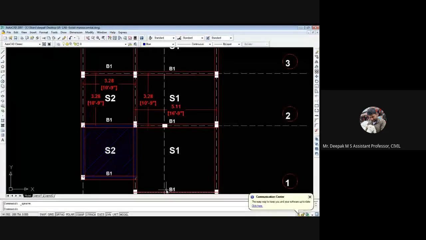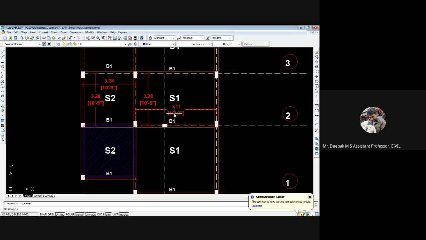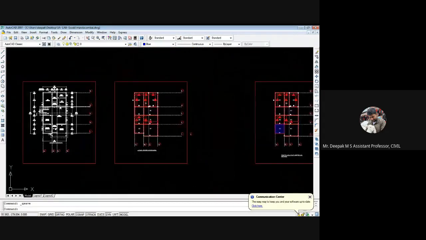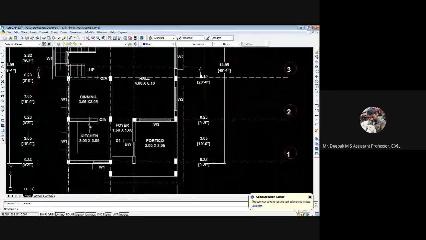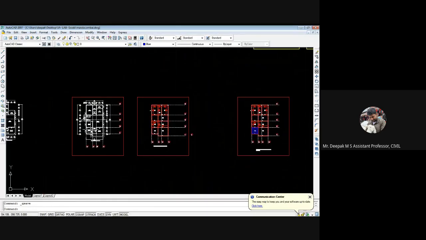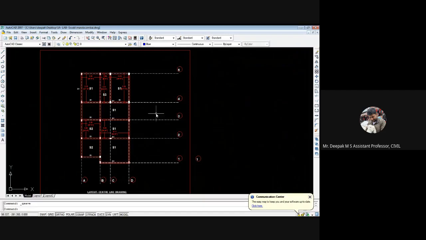We will consider the same plan as yesterday, a single residential plan. You can see the plan over here. For this, I'm going to design a two-way slab Excel sheet that we can use for any two-way slab further, based upon Indian standard IS 456:2000.